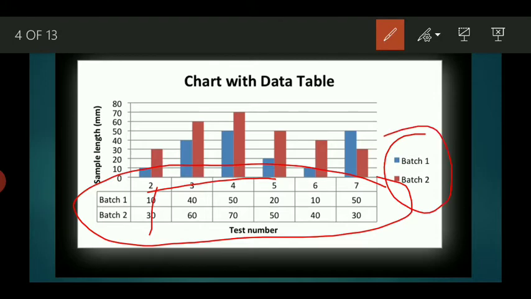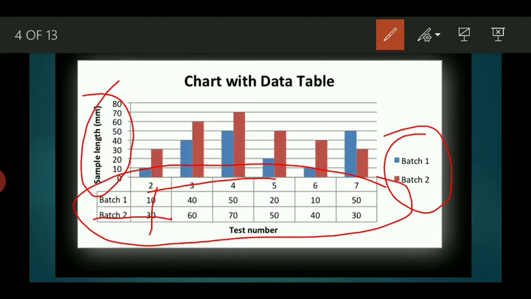Now you can see this is the legend, and in the legend the blue box represents batch 1 and the maroon box represents batch 2. For batch 1, the y-axis represents sample length. So batch 1, blue, is 10 millimeter length, and batch 2 is 30 millimeter length.